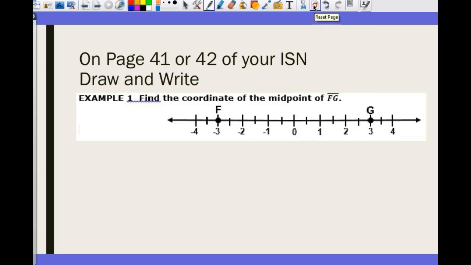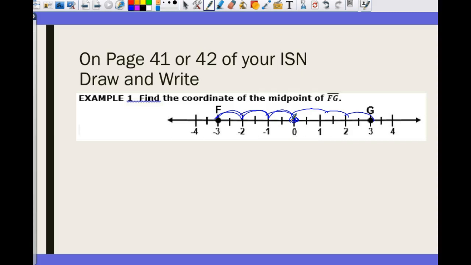So, I bet the majority of what you guys did was something like this. Count 1, 2, 3, 4, 5, 6, right? The distance is 6, divided by 2, which is 3, and then count from F, 1, 2, 3. Hey, look, it's at 0.